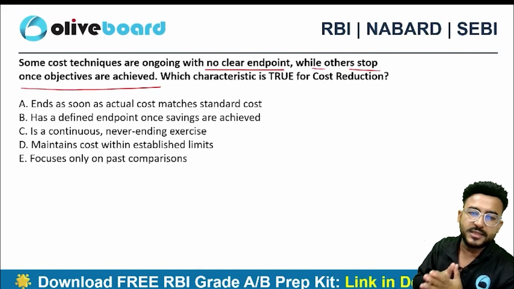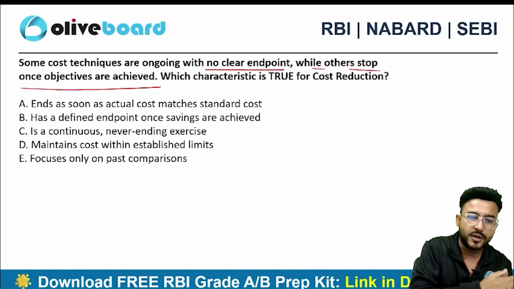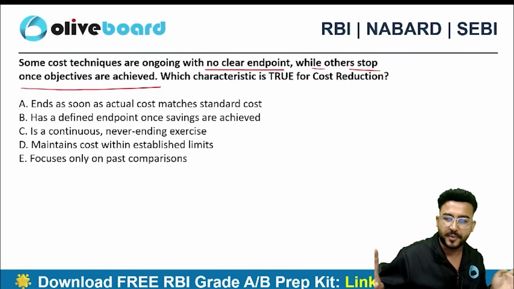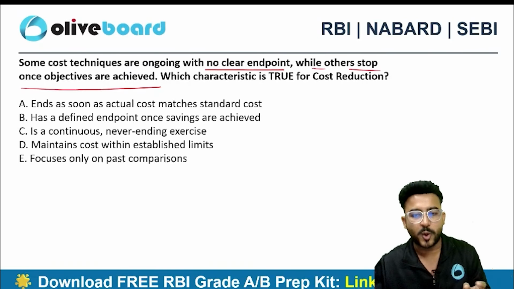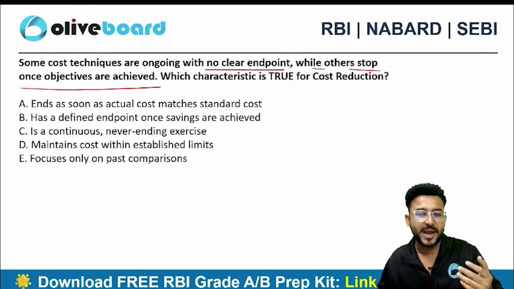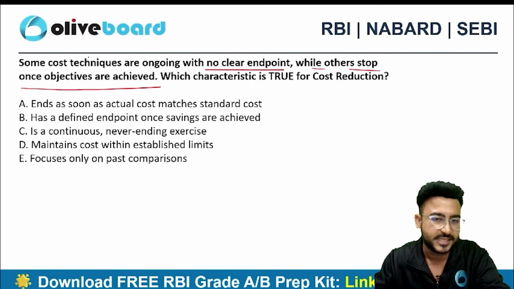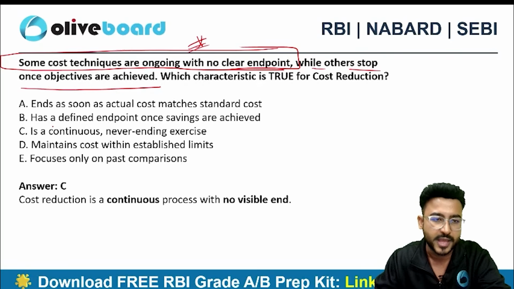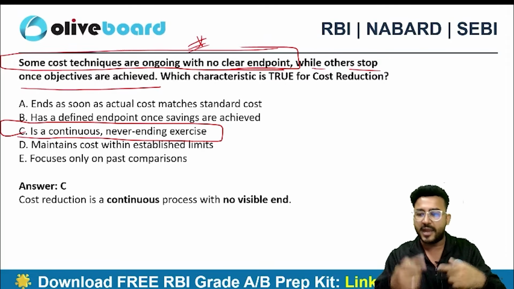Option D, maintains cost within the established limits, focuses on the past comparison. Now, any student who is not even aware about this topic can also attempt this question by making a calculated guess, because in the first line itself, they have given you a big hint that it is a continuous process and a never-ending exercise.